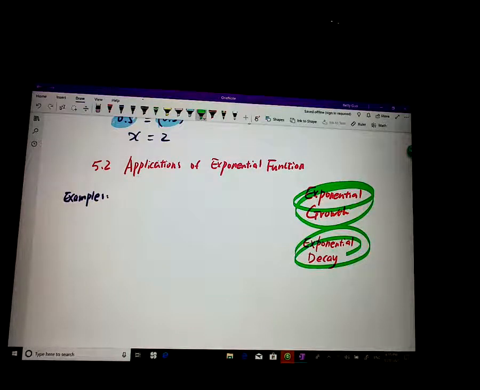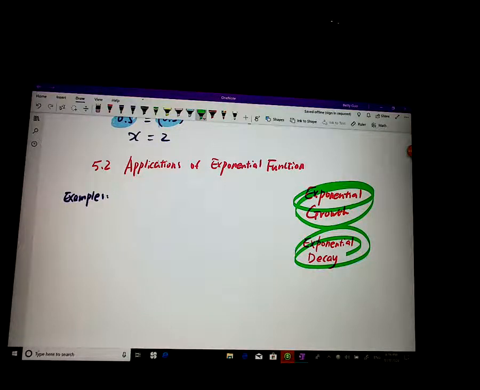So we have 3 examples in this section. The first one is exponential growth. The second example is about exponential decay. And the third example is compound interest. Compound interest is a very important concept in real life situations. It belongs to exponential growth. So basically, we have 2 growth, 1 decay.